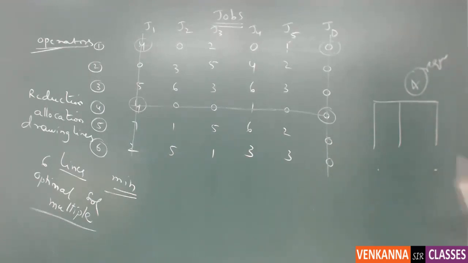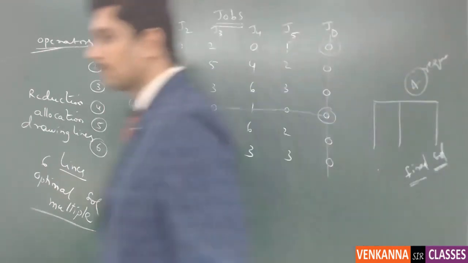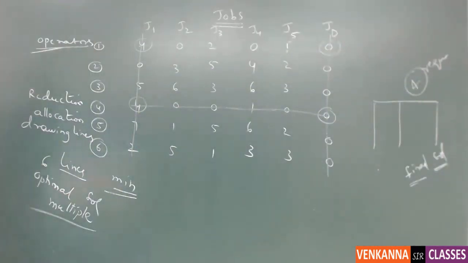Whatever allocation process you follow, the final solution will be the same: the time, procedure or distance you get will be the same. So we apply our inspection on how to draw and what to draw to cover all the zeros. That's it.